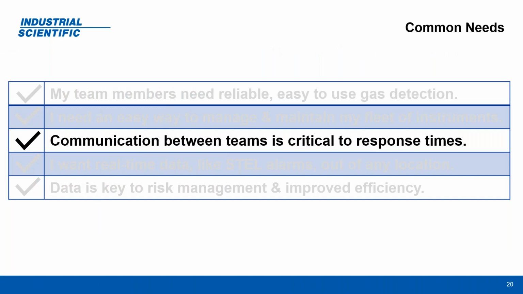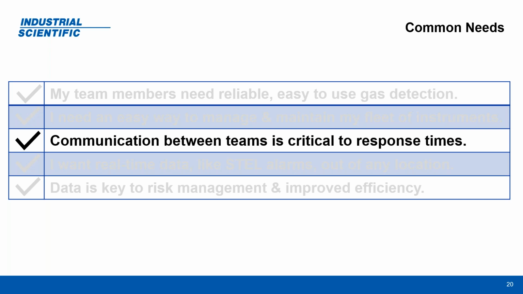So all of those pieces fall into the functionality in the bucket of managing a gas detection program, and all things that we can help you with as Industrial Scientific customers through our iNet programs.